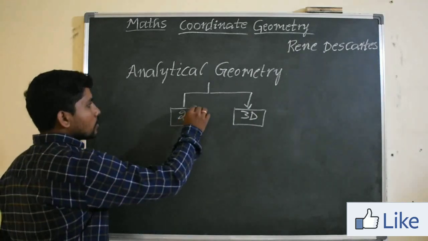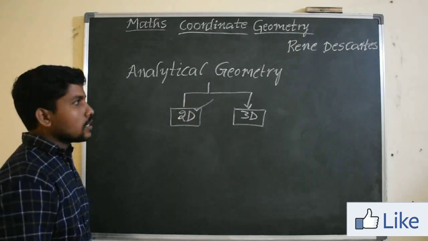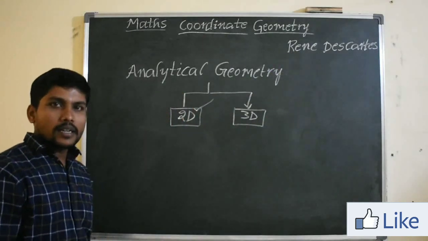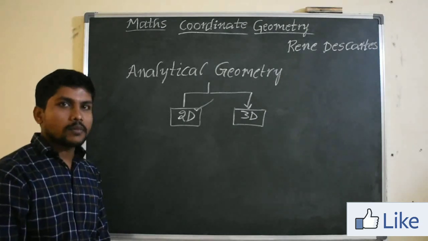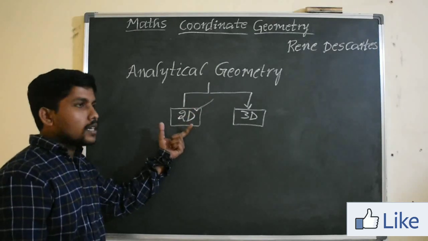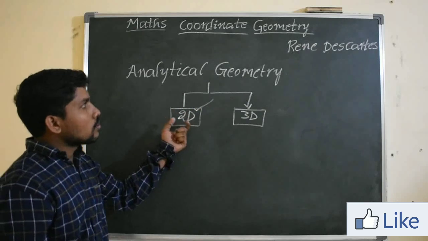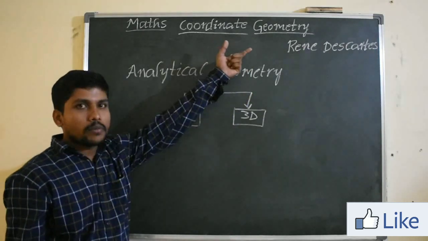In this video we are going to discuss the 2-dimensional coordinate system, which was introduced by René Descartes, a French mathematician. Since we are discussing geometrical figures in 2 dimensions, it is called a 2-dimensional coordinate system, or coordinate geometry.